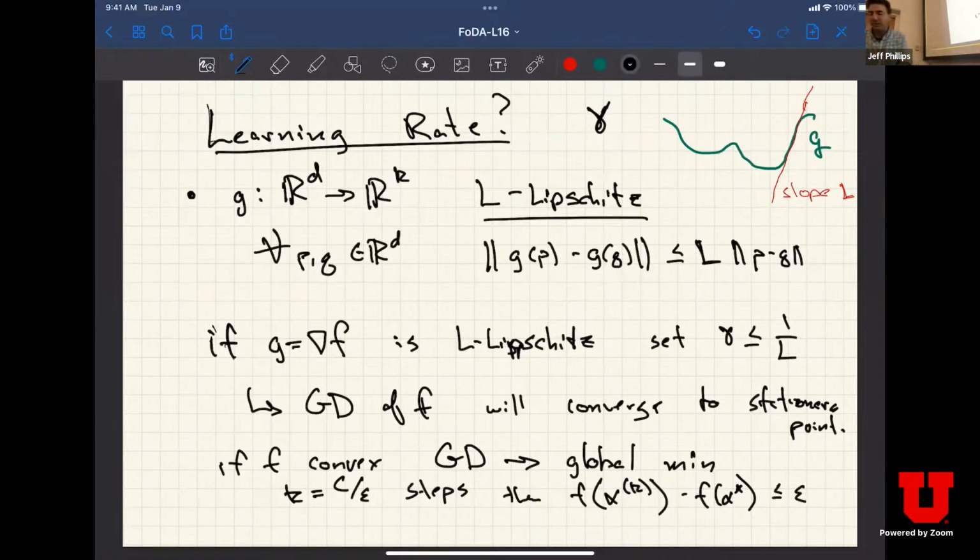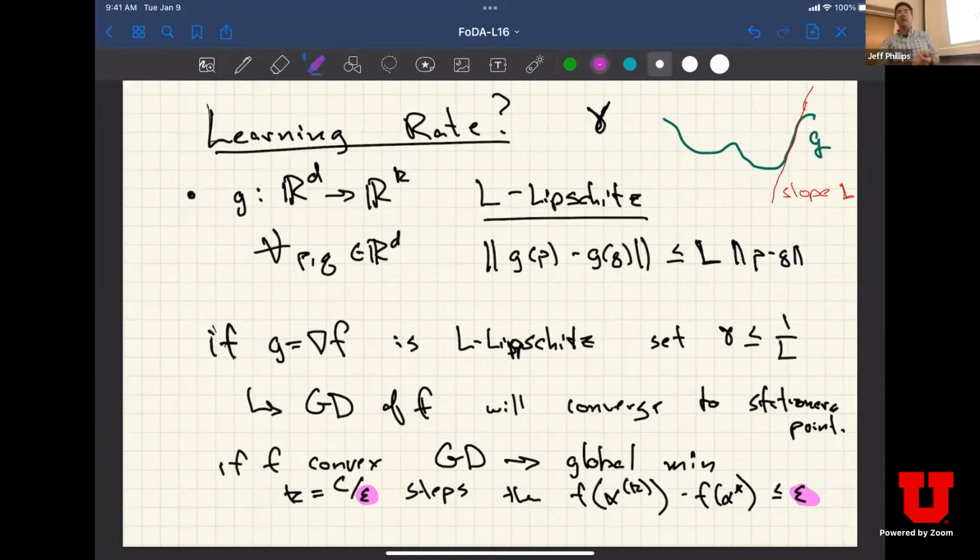Epsilon is some sort of error tolerance I have. So the values I get will always be larger than the optimal solution, because the optimal is the minimum, but it won't be too much larger. And the number of steps is roughly 1 over epsilon, right? So if epsilon is small, then I need more steps. So it tells me how fast it's guaranteed to converge.